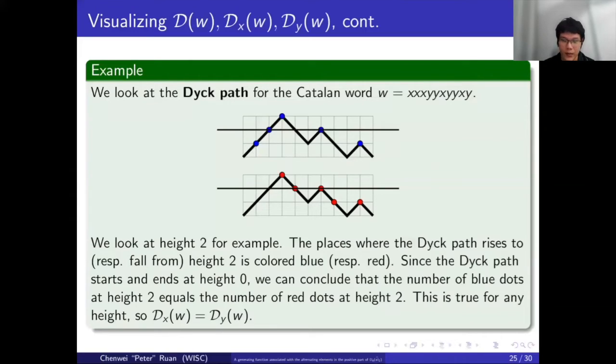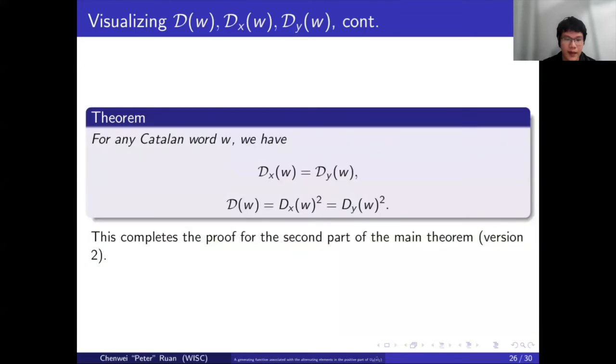So we can conclude that these two products, d sub x and d sub y, are the same because they are basically multiplying the same sequence of numbers. It's just that the sequence is permuted.